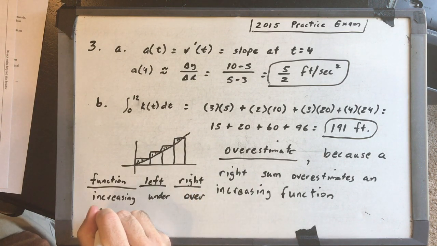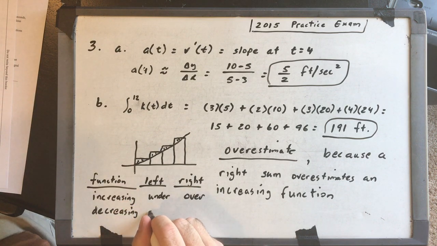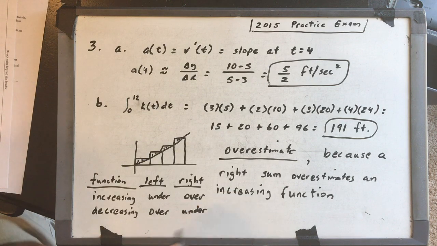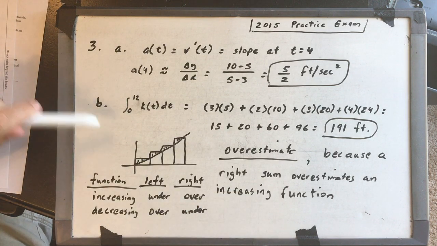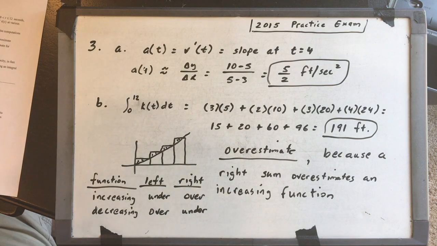If a function's decreasing, it's opposite. A left sum overestimates and a right sum underestimates. So you could draw it out or just learn that table. Have that table ready for you on test day. Okay, cool. That's part B.